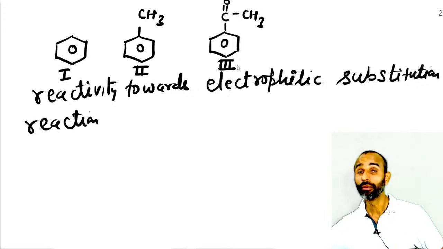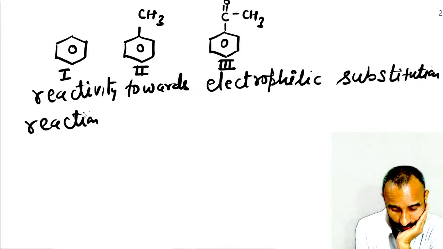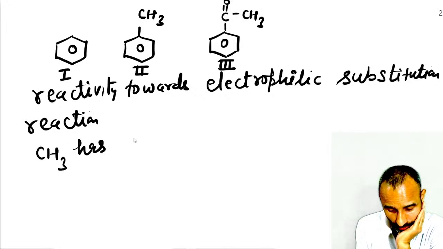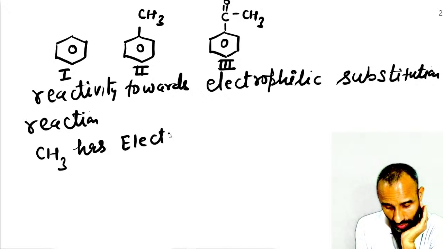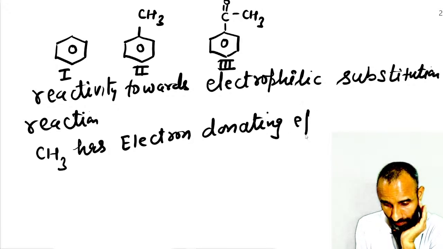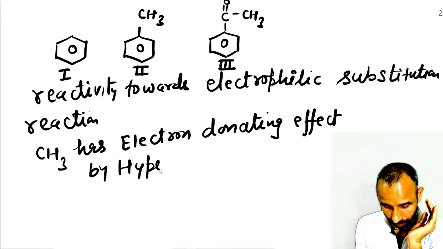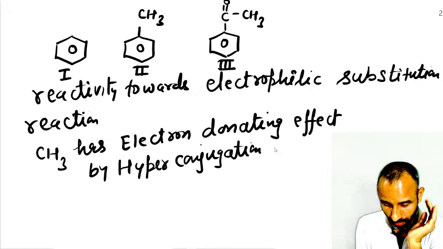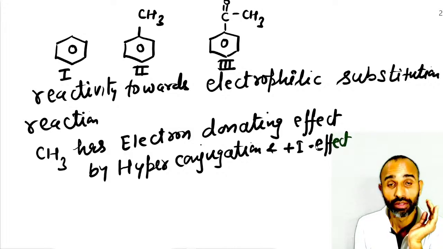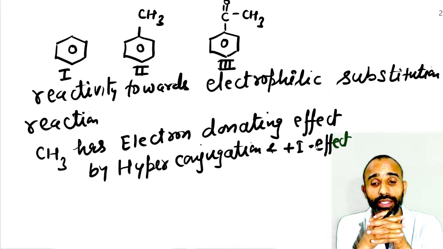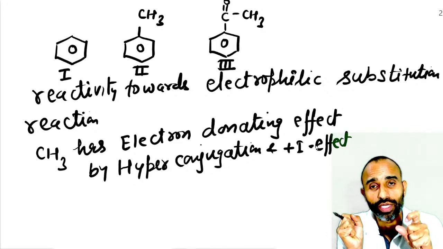Actually, the methyl group is electron donating. The methyl group has an electron donating effect by hyperconjugation and plus I effect. That's why it will increase the electron density on the benzene ring.